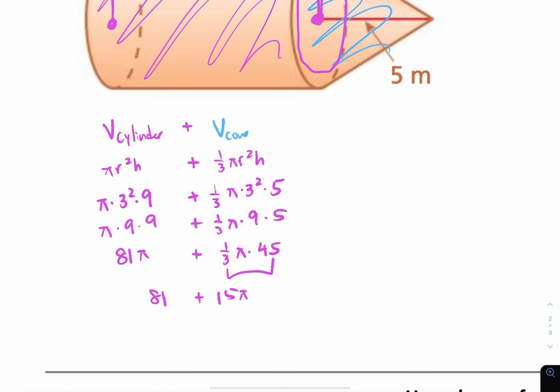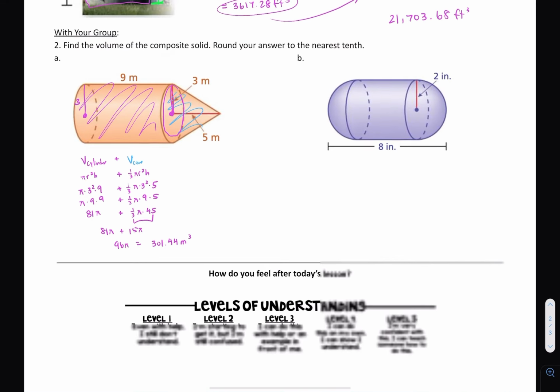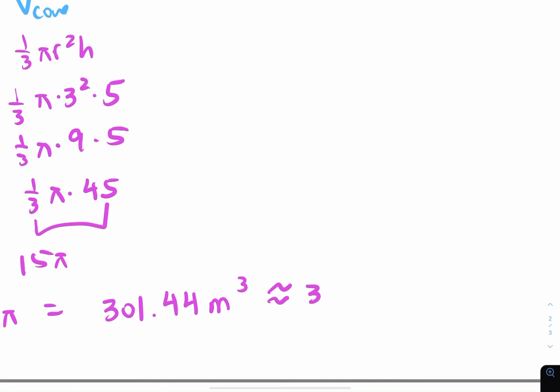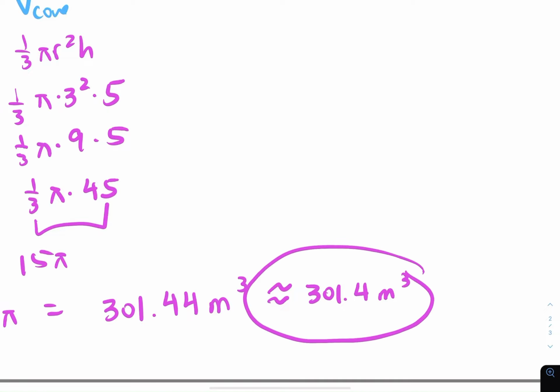So I have 81 pi plus 15 pi, which is the same thing as 96 pi. If you plug that into your calculator, you get 301.44. Don't forget your units, meters cubed. And because it says to the nearest tenth, you can say approximately 301.4 meters cubed.